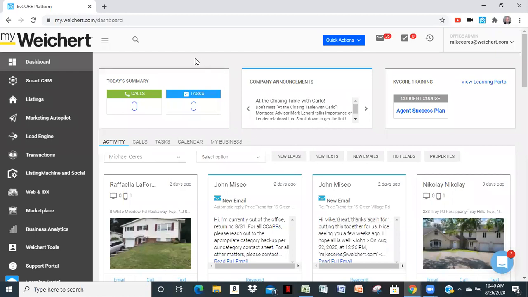So let's go to the dashboard. Let me show you where to look to see all the statuses in definition, okay? So you could either go to the CRM, but that's really not going to show you exactly where the status is and how they relate to the system. We're going to go down to business analytics here, and we're going to click on business analytics.